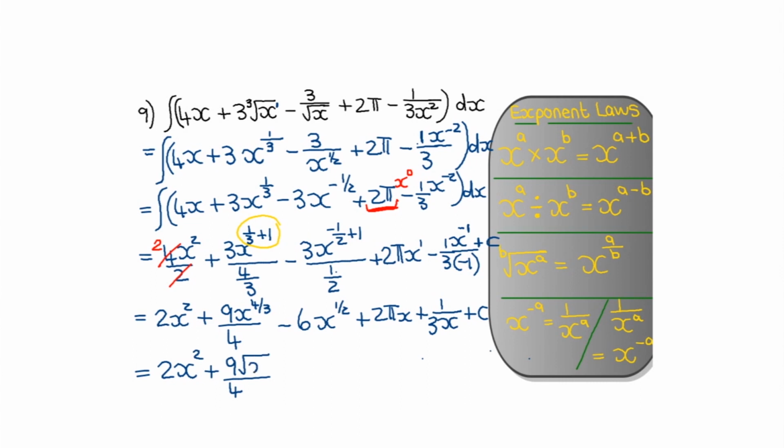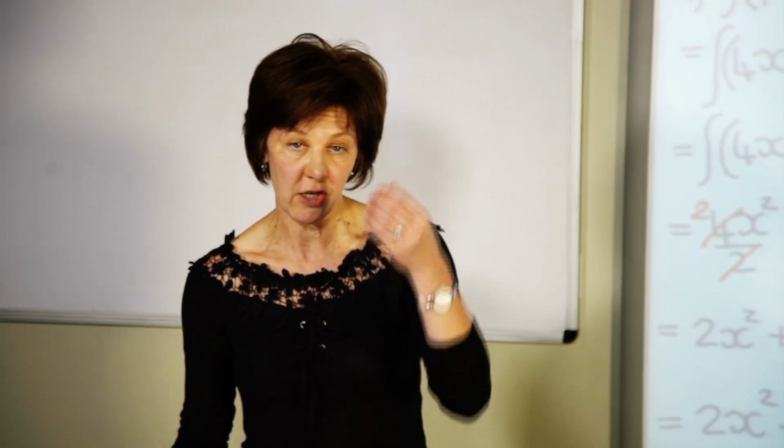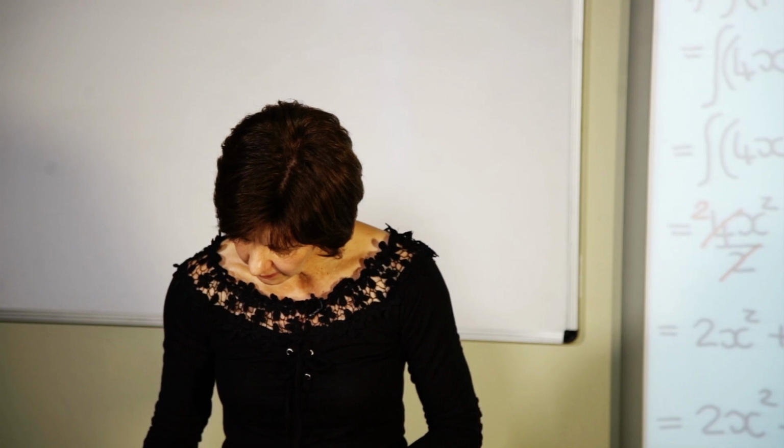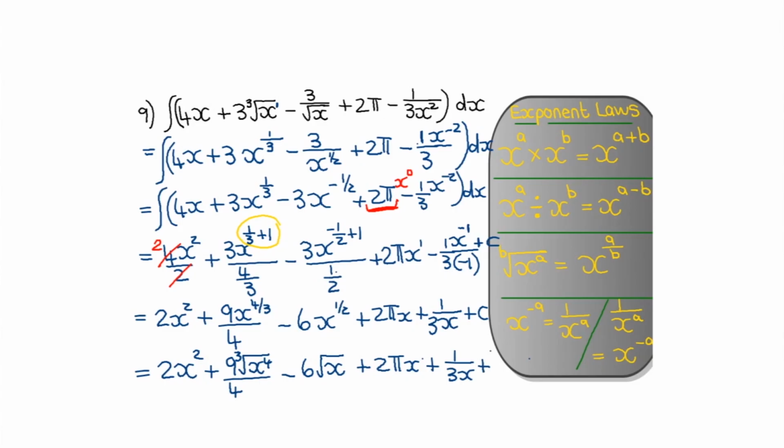It will be x to the power 4 with a 3 outside. So it's the cube root of x to the power 4 minus 6, and that one can be written as square root x plus 2 pi x plus 1 over 3x. Remember that 3 is actually at the bottom, it should stay there, plus the constant.